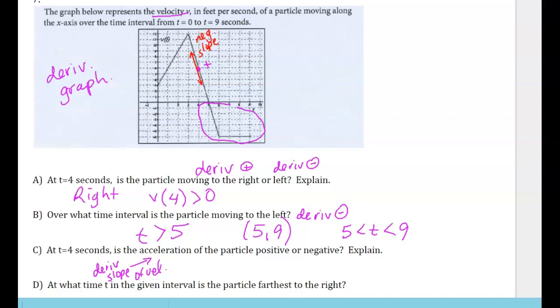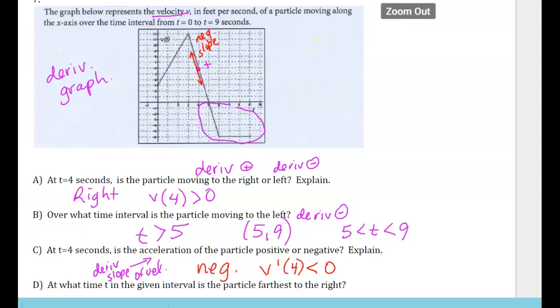Does that make sense? So since the slope of the velocity is negative, well, that's acceleration because it's the derivative of velocity. We're going to say negative because v prime of 4 is less than 0. That's the notation. You can write it out in words.